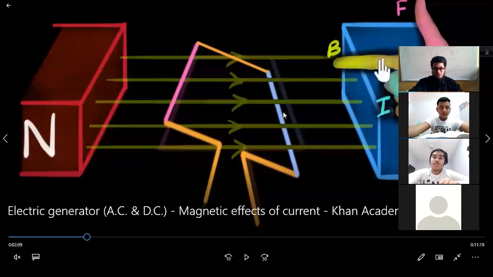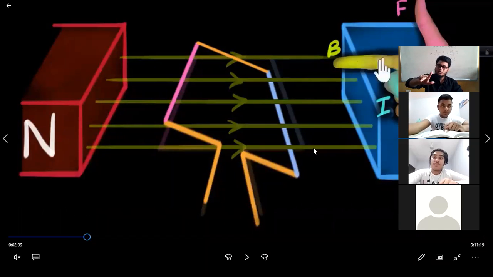And the opposite thing will be happening for this blue wire. It is going in the downward direction, so this force finger should be pointing in the downward direction. Actually it should be in this direction. Force is being applied in this direction. Yes, now it is in the right direction.